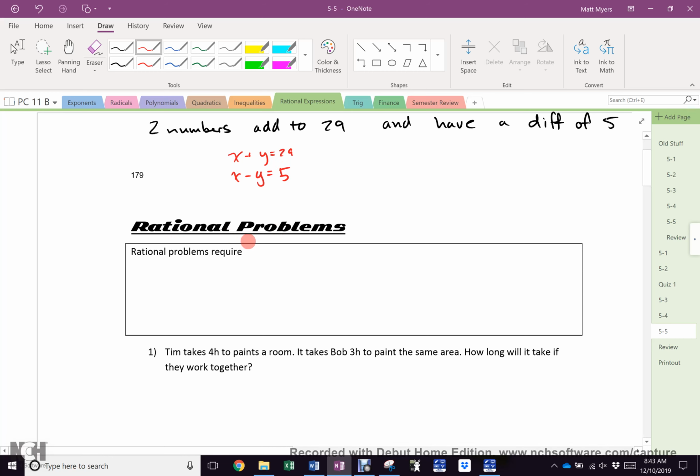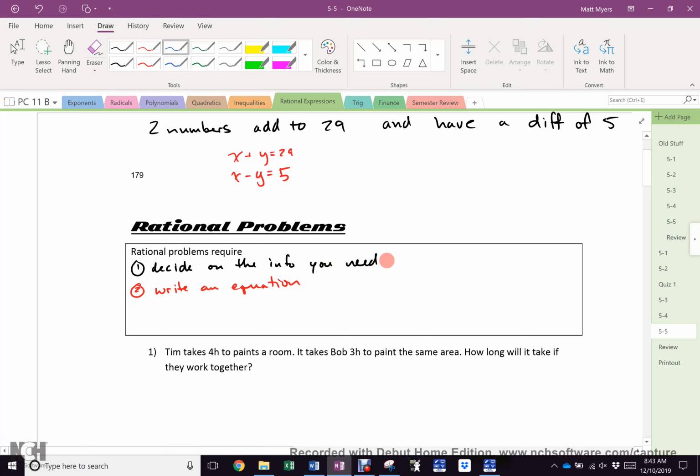That's the only difference. So, 1, decide on the info you need. 2, write an equation.